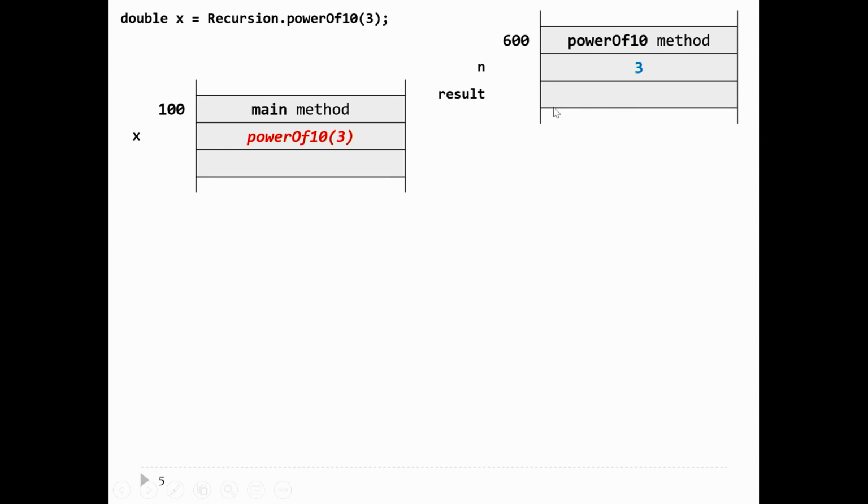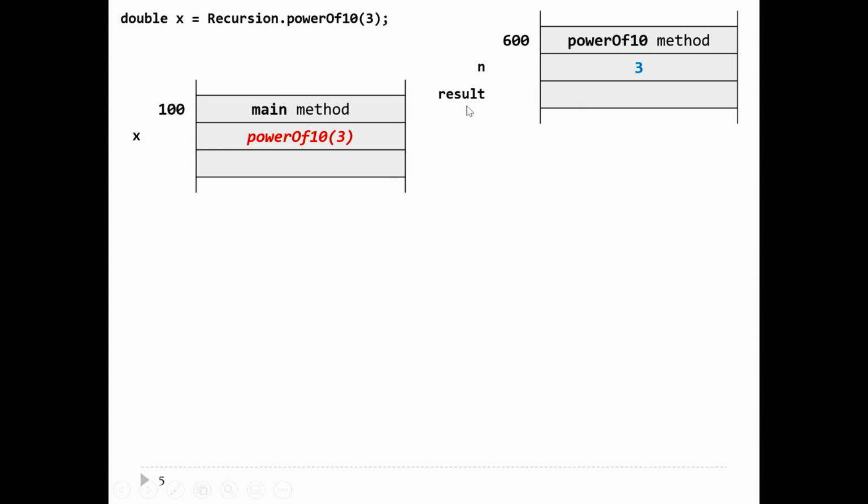The space that's allocated for that method includes the memory needed for all of the local variables or parameters of the method. Power of 10 has a parameter n, so space is allocated for n. When you call it with power of 10 of 3, the 3 gets copied in as the value of n.